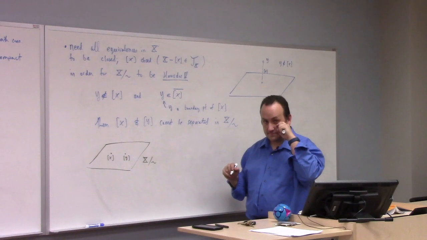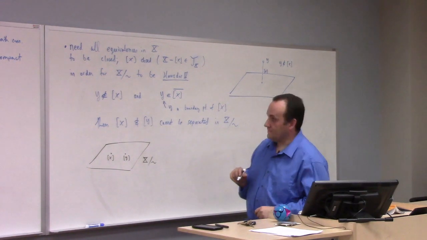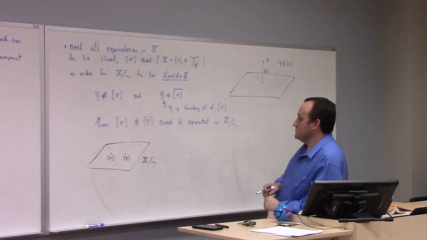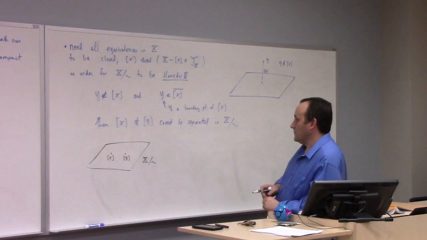Yep. Can we think about it in terms of pi being a continuous map, then closed sets have to map to closed sets, and so if the quotient space is Hausdorff, that means that each of the equivalence classes have to be closed in the quotient space.